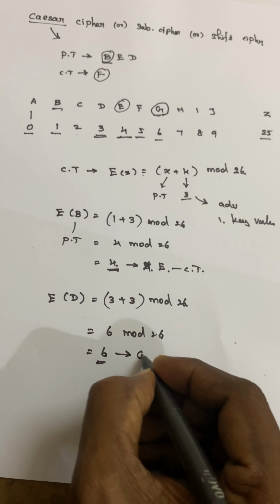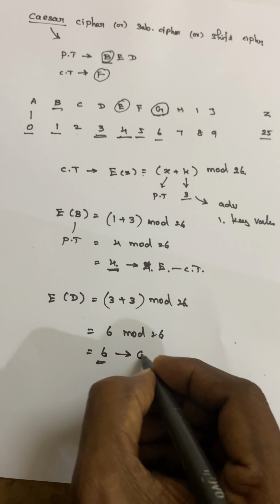So let me check these two things here. What is the value of 4? For 4 we have the letter E. So here the first letter we have is E, and the last letter we found is G. And if we have BED, yes, our plain text is BED. So for E, what is the value for E?